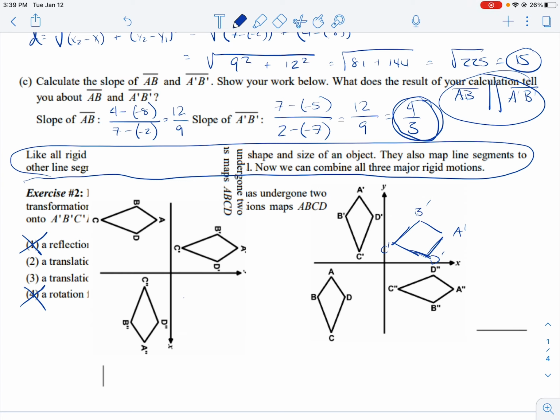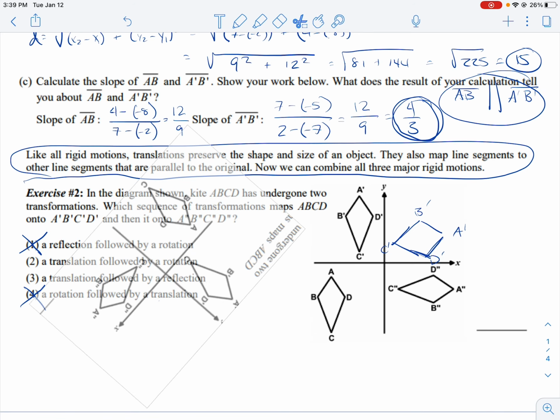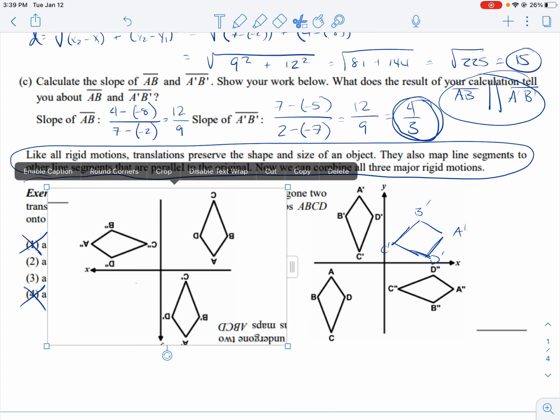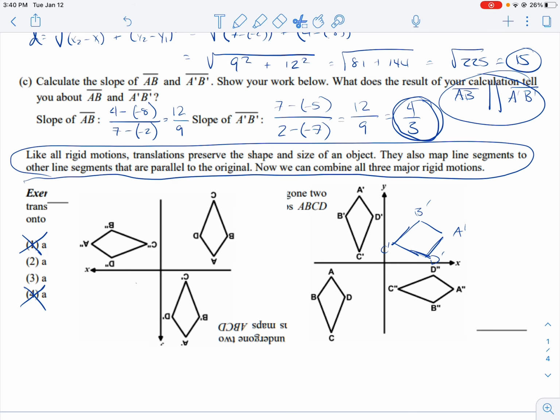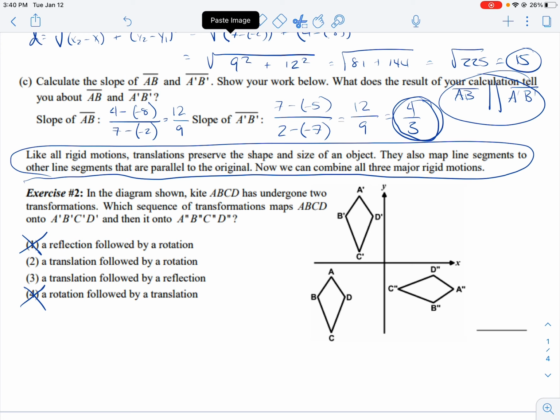And now, if we were to rotate this guy one more time down to the actual spot where it's at, as you can see, this picture does not line up with this guy here. Okay? So therefore, it can't be a rotation. It has to be the last one, which is a reflection. All right? Take this guy here and delete him, get it out of the way. So it has to be a reflection.